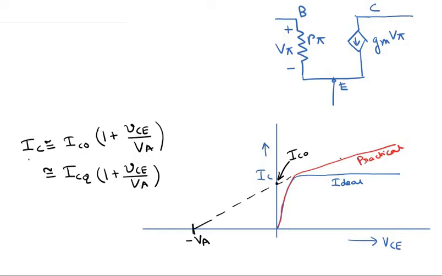Okay, so ICQ may lie somewhere here. Let us assume. So if we assume that the collector current increases at a very slow rate with the collector to emitter voltage, IC0 can be taken to be approximately equal to ICQ, that is ICQ (1 plus VCE divided by VA). So now let us assume that this is our Q point, just as I put it here.